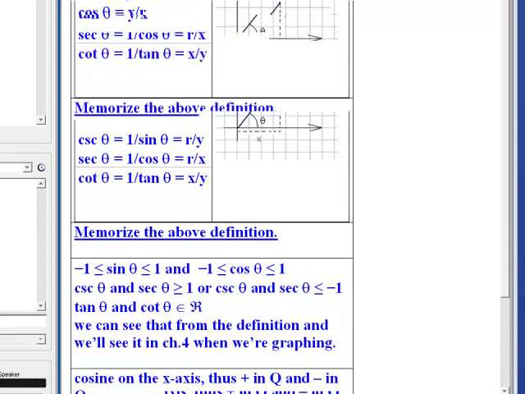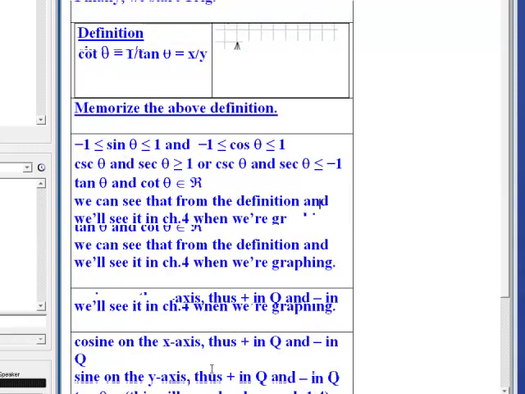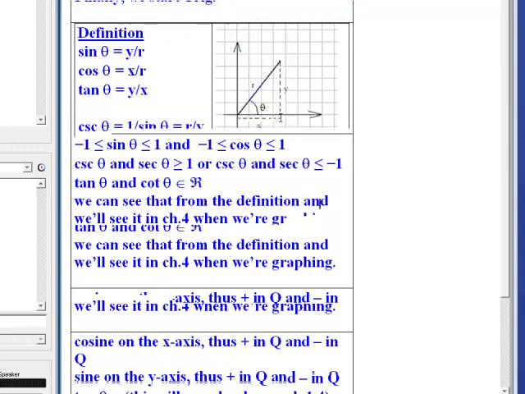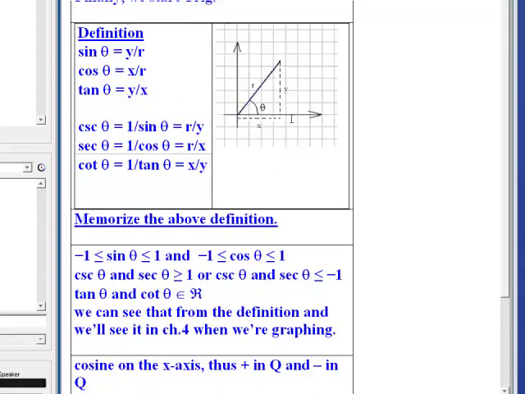Okay, cosine. The cosine is on the x-axis, as we see here, x and r. So cosine is on the x-axis, positive or negative. When the x is positive, that means in the first quadrant as well as in the fourth quadrant, the cosine is positive. So in quadrant 1 and quadrant 4.